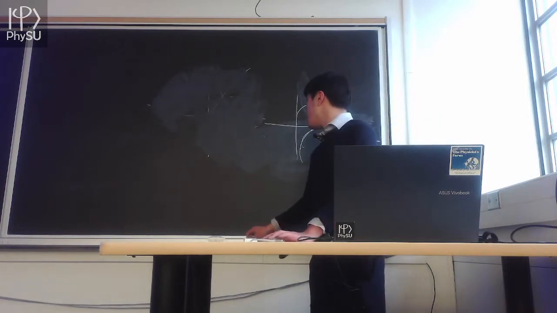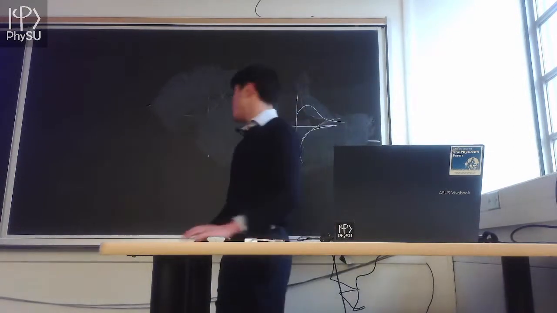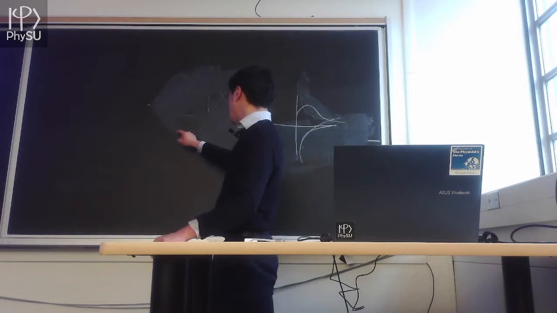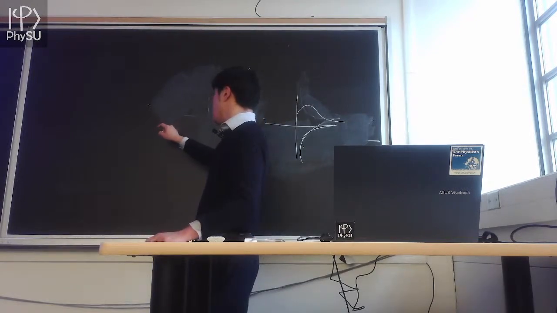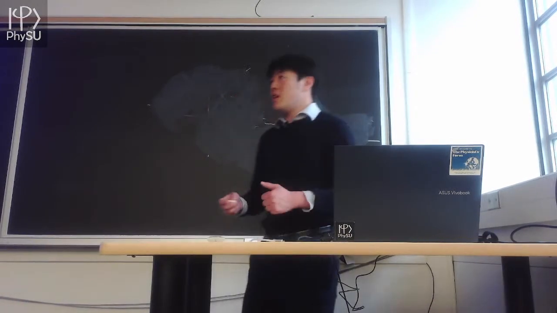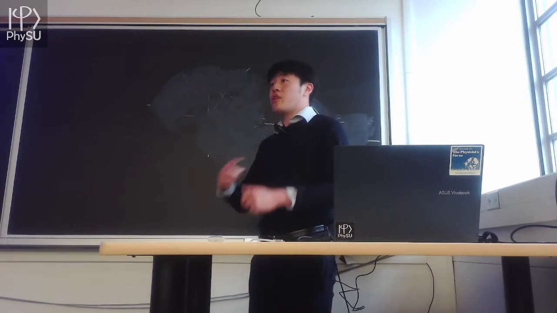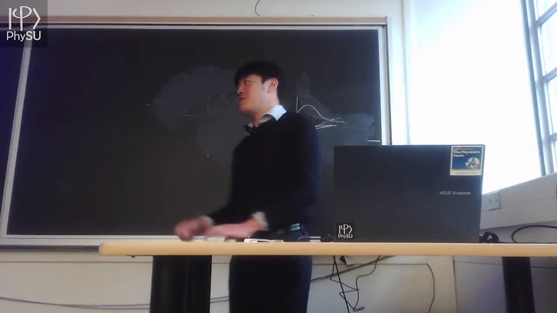I'm not sure how familiar people are with Slater determinants, but basically the idea is electrons are fermions, and so the wave function that describes electrons has to be antisymmetric.